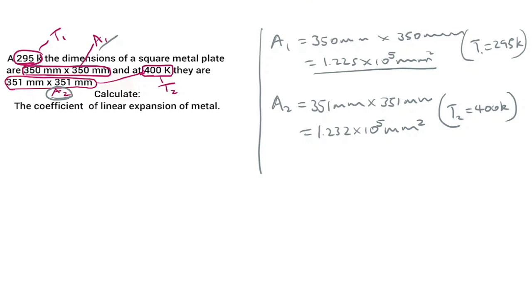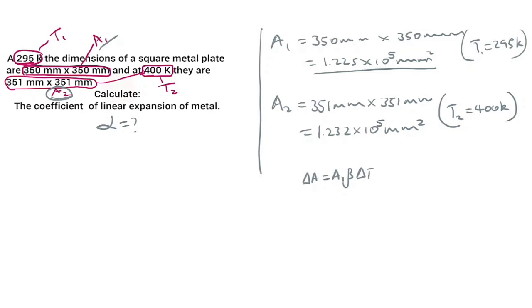Because here we're looking for the coefficient of linear expansion, and this statement is talking about the dimension of the area, that means we're going to use the change in area formula, which is this. Change in area is equal to initial area, which is area 1, times the coefficient of area expansion times the change in temperature.